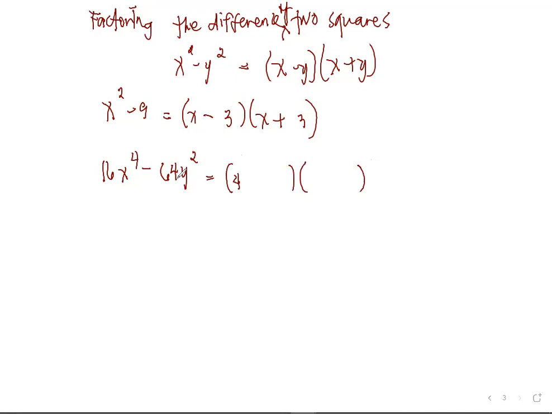So x raised to 4 divided by 2, the answer is x squared. The square root of x raised to 4 is equal to x squared. Lagay din natin siya, and then minus plus. The square root of 64 is 8, and the square root of y squared is y.